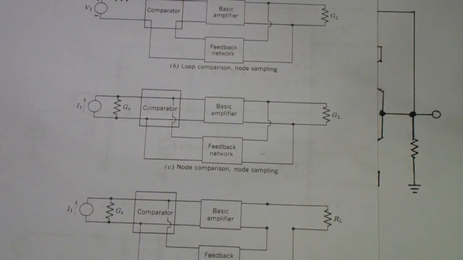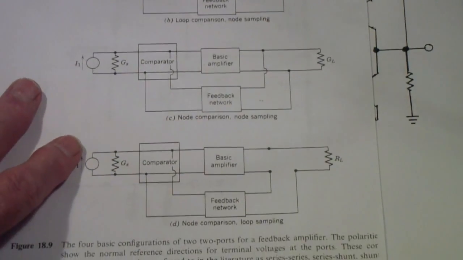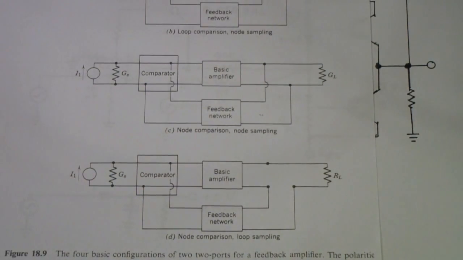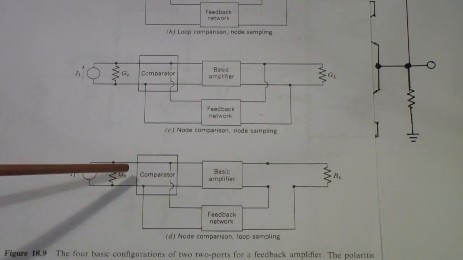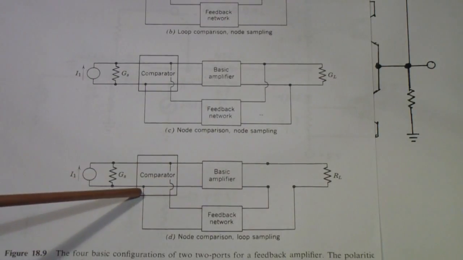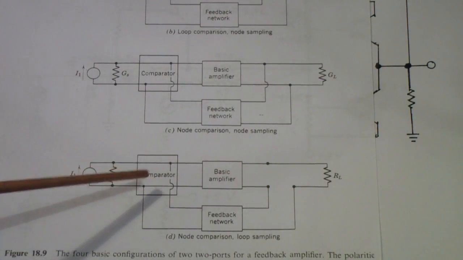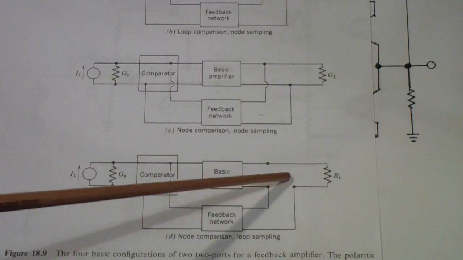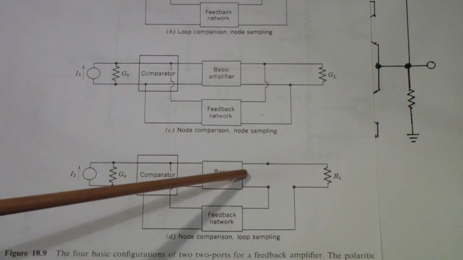Finally, there is node comparison and loop sampling. That is, we're applying the signal across the input, node to node, but we are sampling the output current.